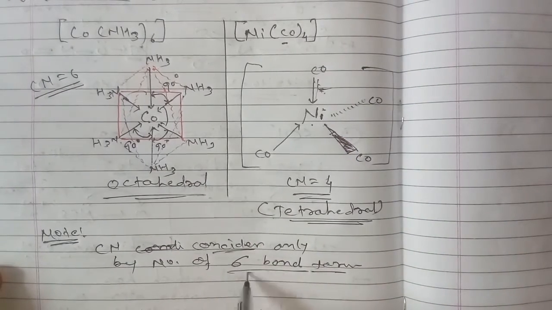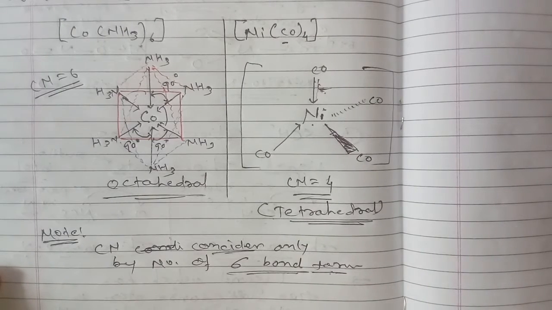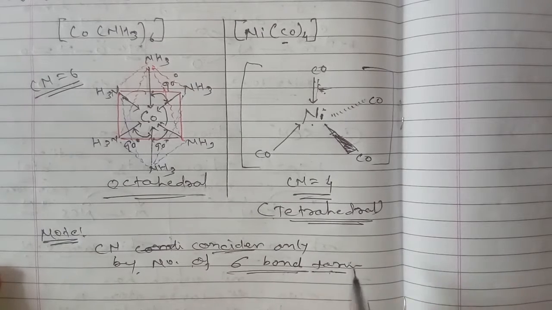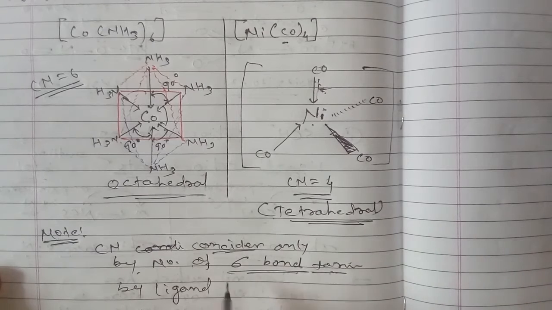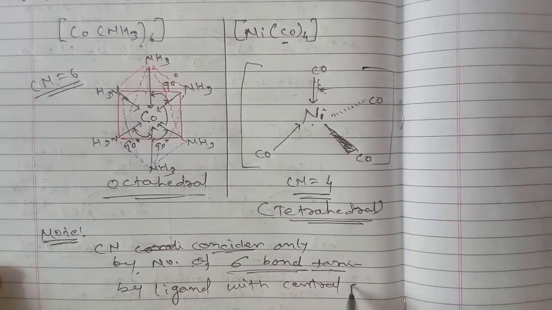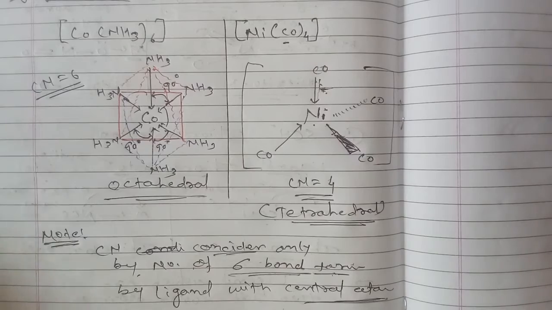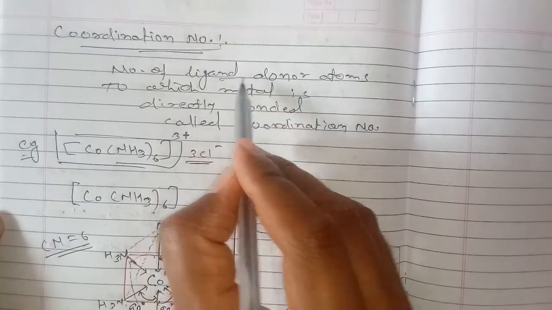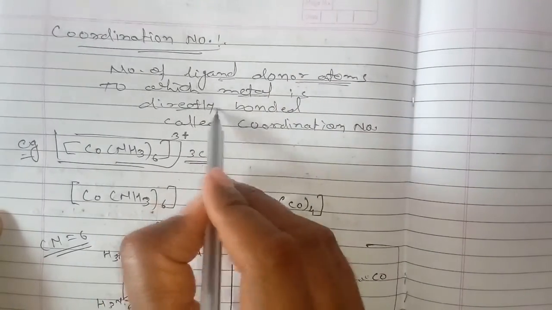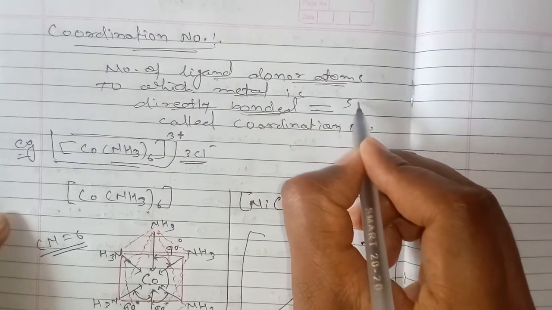Only the sigma bond formation is considered, by the number of sigma bonds formed by the ligand with the central atom. So in short, the number of ligand donor atoms to which the metal is directly bonded is equal to its secondary valence.